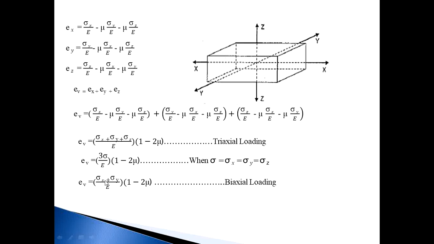So the equation reduces to sigma X plus sigma Y by E, in bracket 1 minus 2 mu. This is the formula to calculate volumetric strain in biaxial loading.